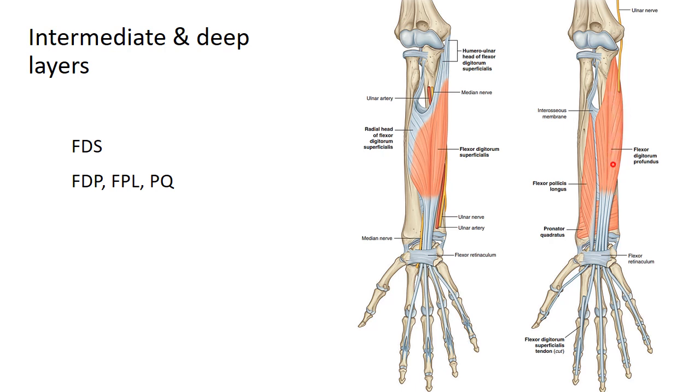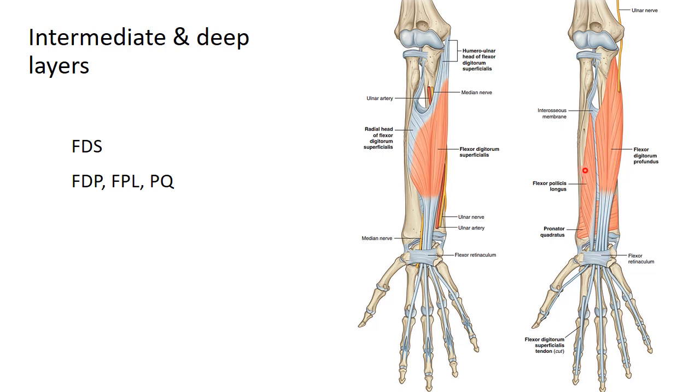The medial half, the tendons that act on the little and ring fingers, and this is important to remember, is innervated by the ulnar nerve, while the lateral half, which acts on the index and middle fingers, is supplied by the median nerve.